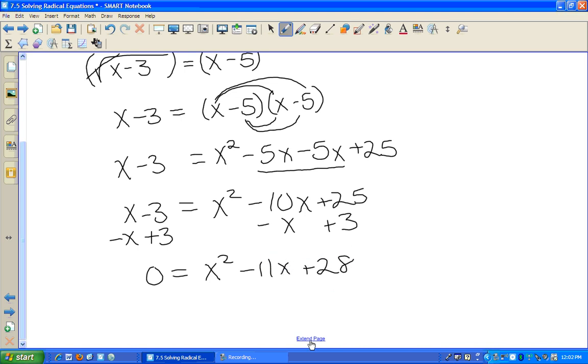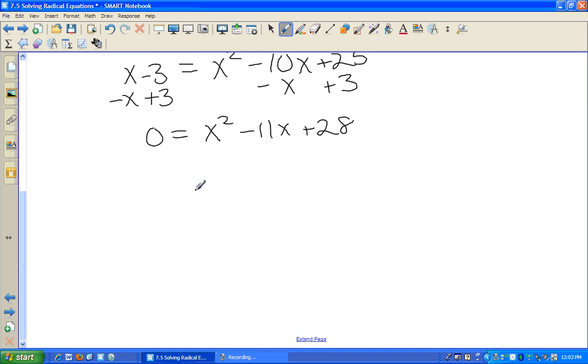From there, I have a couple different options to solve this quadratic. I can complete the square, I can use the quadratic formula, or the way I'm going to solve it is by factoring. This right side factors into x minus 7 and x minus 4.